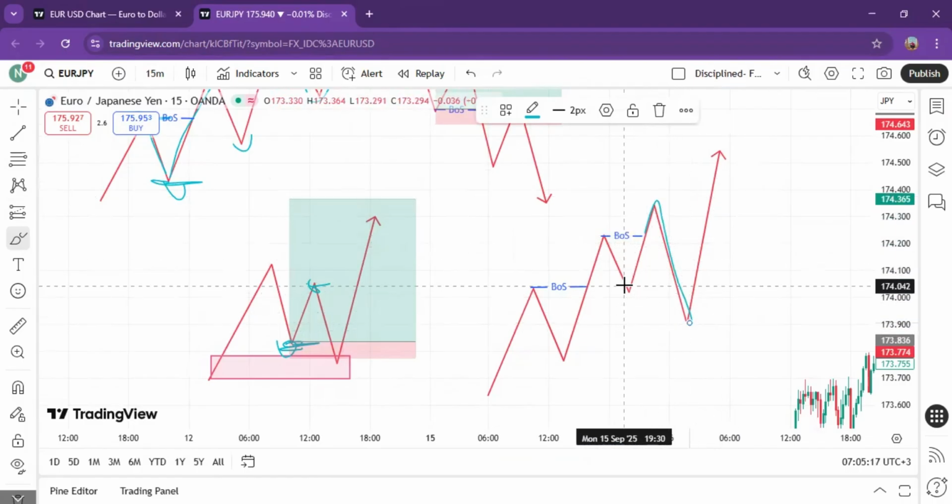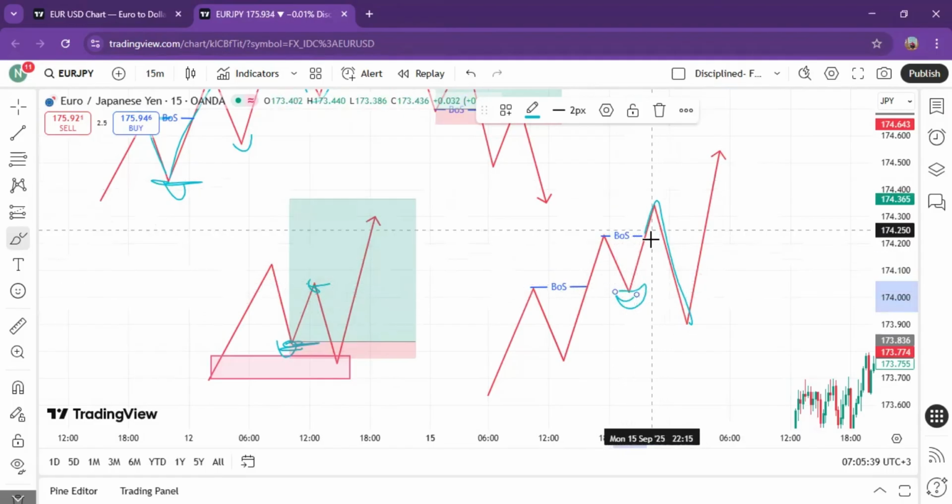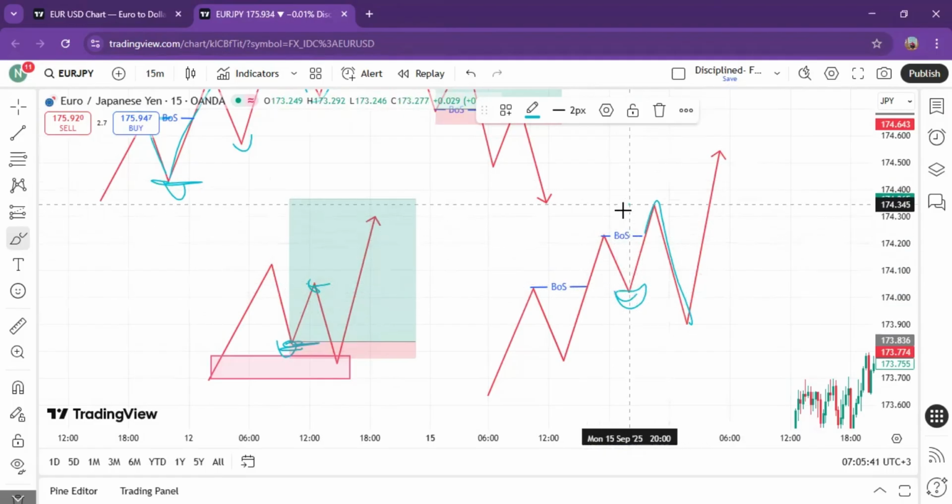But the moment this low is taken out, remember one of the rules when it comes to break of structure: it states that the previous low on an uptrend should not be taken out, while the previous high on a downtrend should not be taken out. But this low has been taken out. So it means that the market has taken out liquidity below this level here. And by doing that, it invalidates this break of structure.